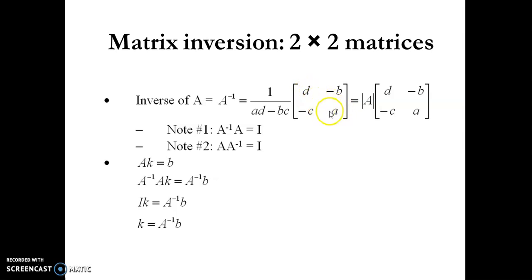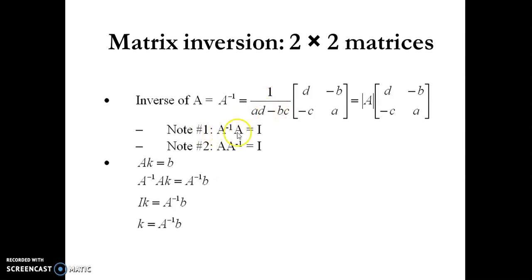So you swap their positions and you change the sign of elements B and C. This multiplied by the scalar 1 over the determinant gives you the inverse of matrix A. Now you can see why the determinant could not be 0, because you cannot divide by 0.